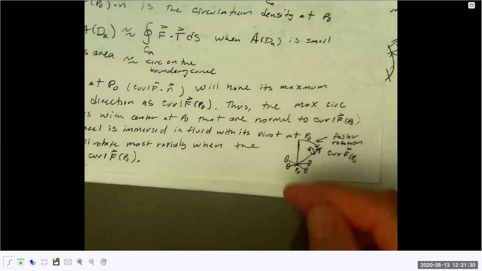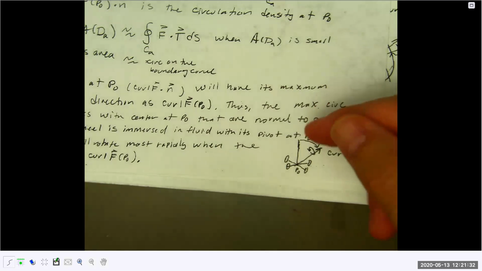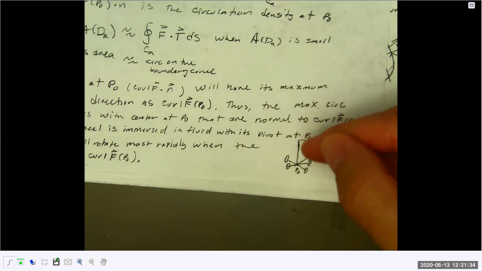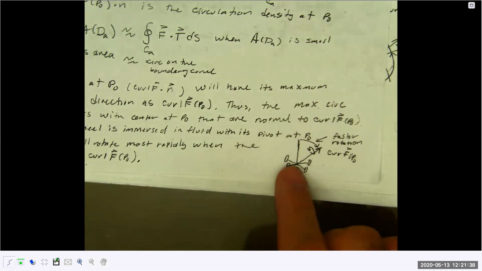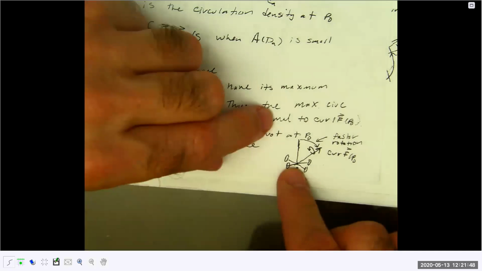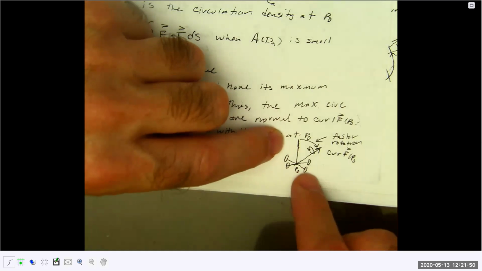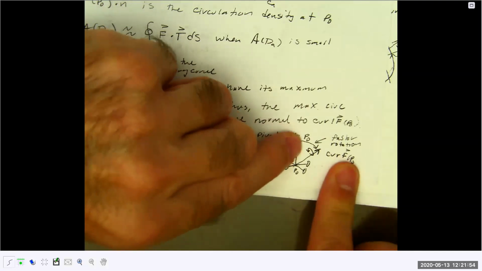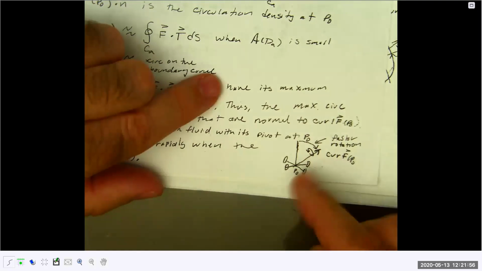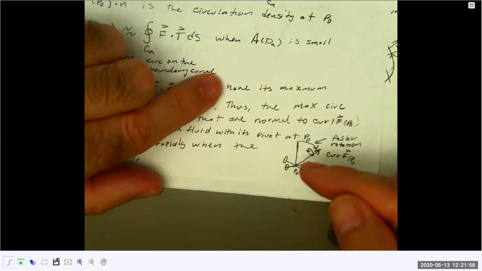If you're thinking about fluid flow, that means the fluid is flowing around that curl vector like that, right there at that pivot. These paddle wheels will catch some of that rotation, but they'll catch the maximum amount of that rotation if we take this spindle and align it with the curl vector.